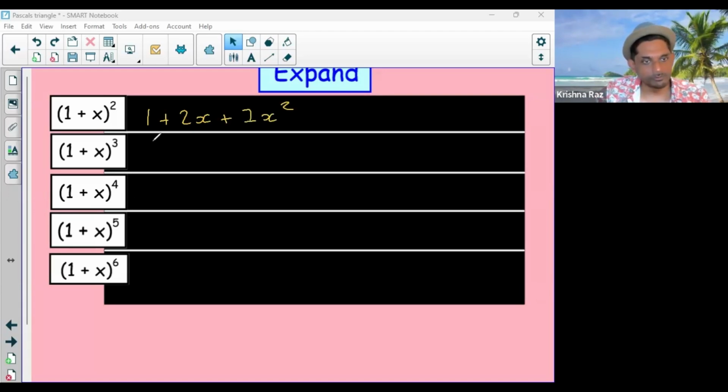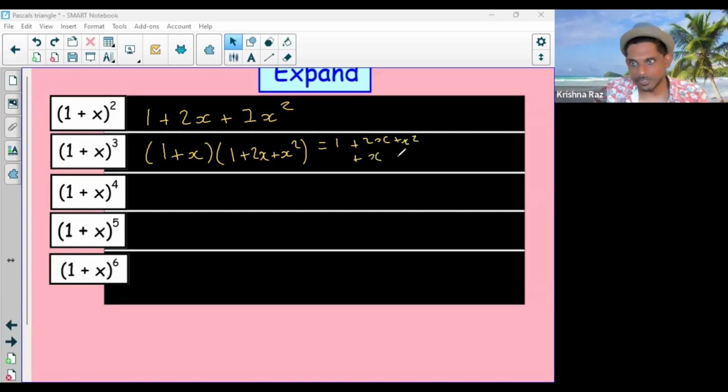And then we do this one, 1 plus x times 1 plus x squared, and we get 1 plus 2x plus x squared plus x plus 2x squared plus x cubed, which equals 1 plus 3x plus 3x squared plus 1x cubed.